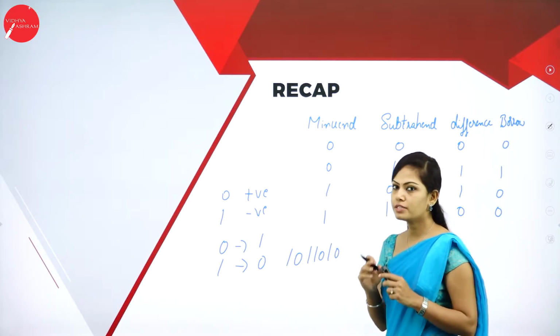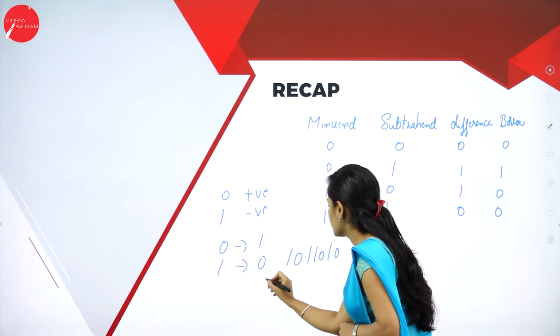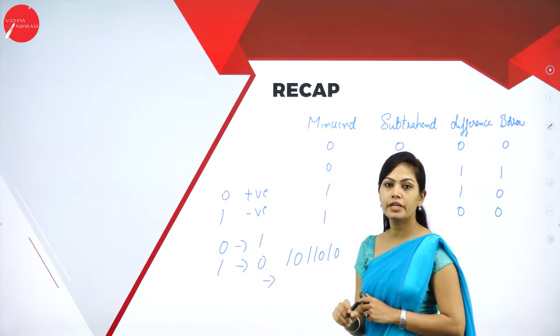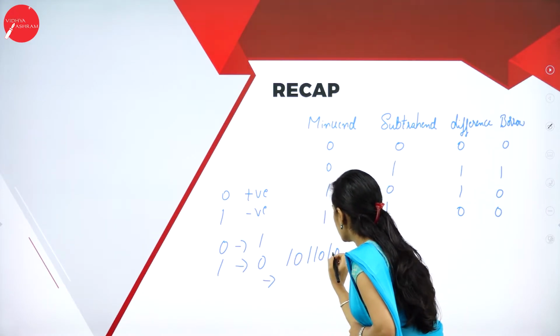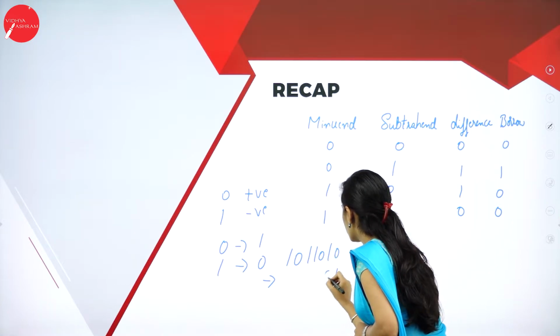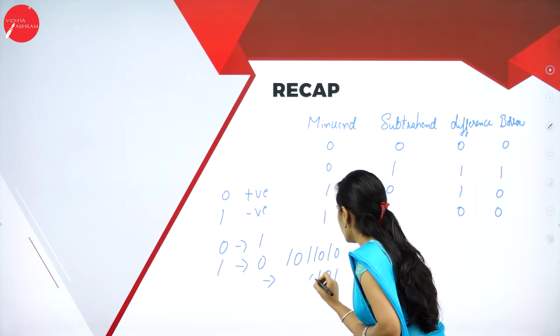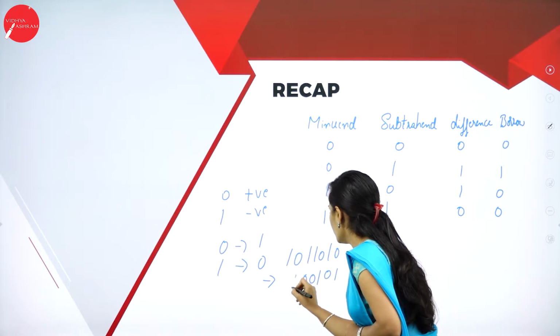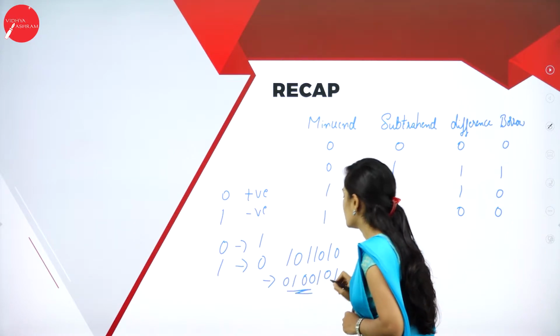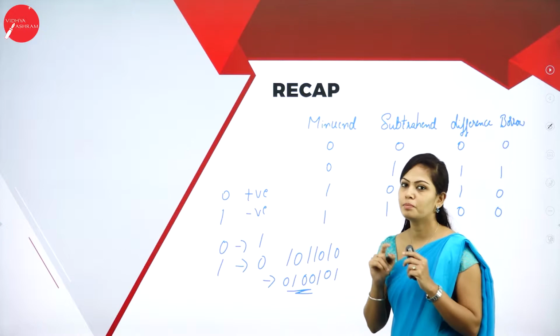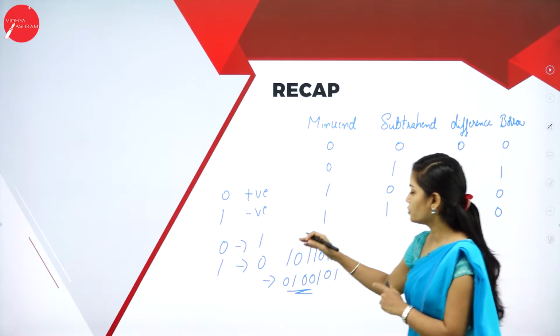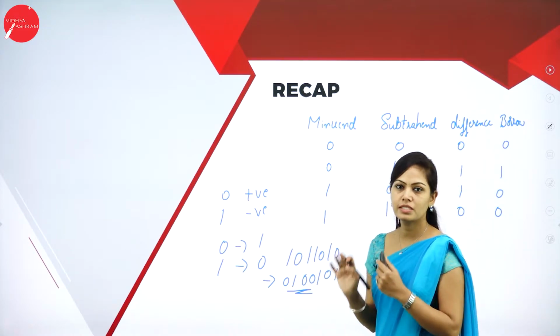Convert it into 1's complement method. So what is the 1's complement for this given binary value? 0 changes to 1, 1 changes to 0, 0 to 1, 1 to 0, 1 to 0, 0 to 1, 1 to 0. This is your 1's complement method. Very simple. 0 changes to 1, 1 changes to 0.